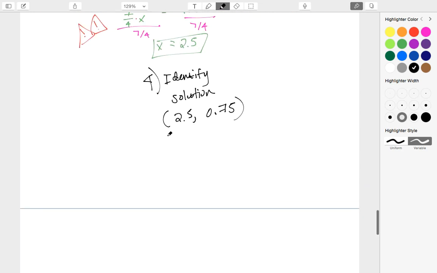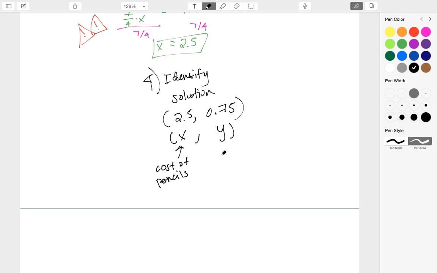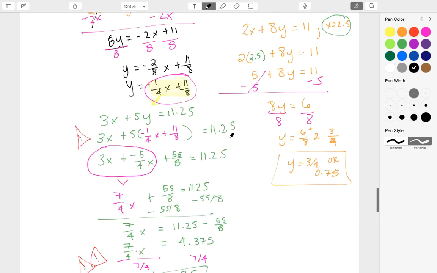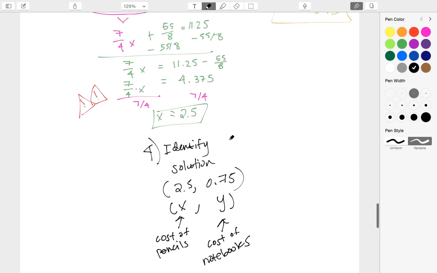So what this represents here, remember, this represents our x and our y. So remember, this is the cost of pencils, and this represents the cost of notebooks. Even though we got a solution at the very end, it does not mean that that is our answer.